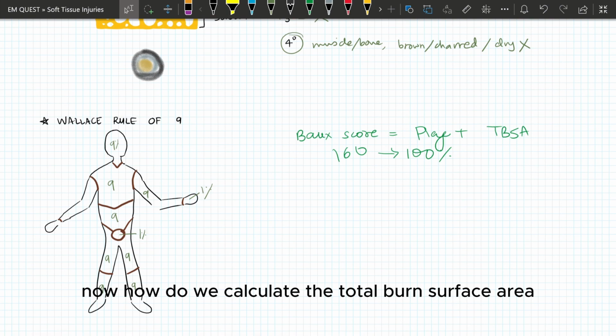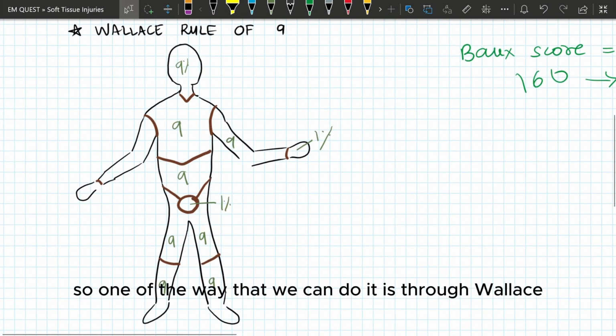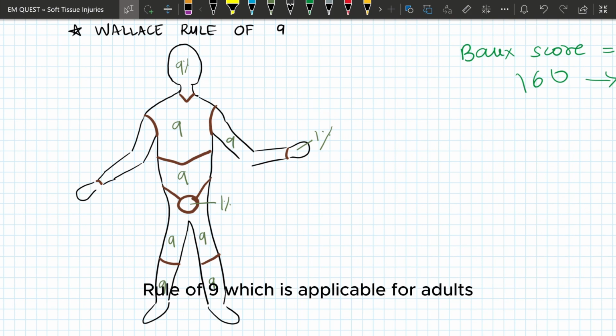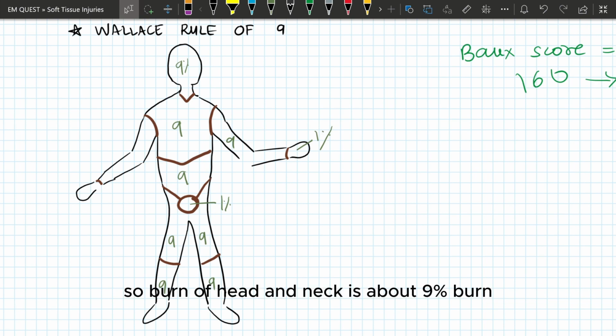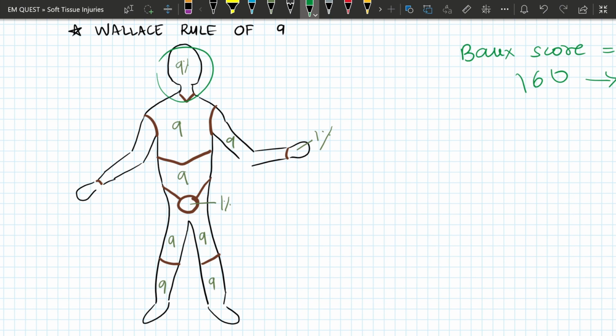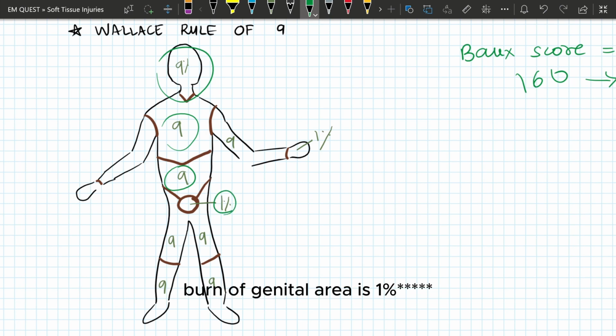Now, how do we calculate the total burn surface area? One way that we can do it is through Wallace rule of 9, which is applicable for adults. Burn of head and neck is about 9%. Burn of chest is 9%. Burn of torso or abdomen is 9%. Burn of genital area is 1%.